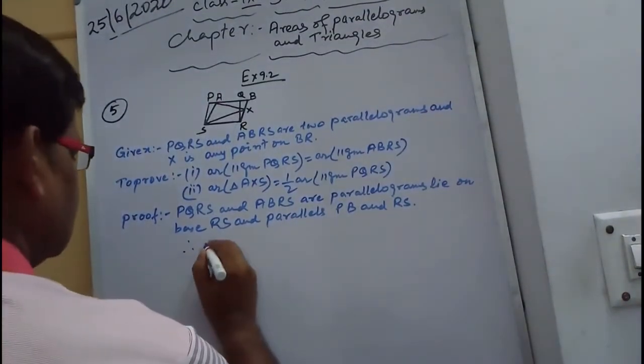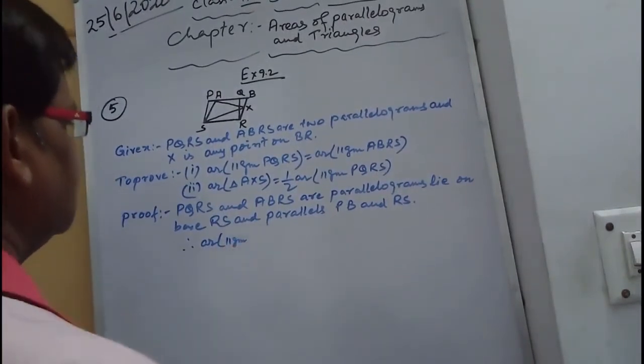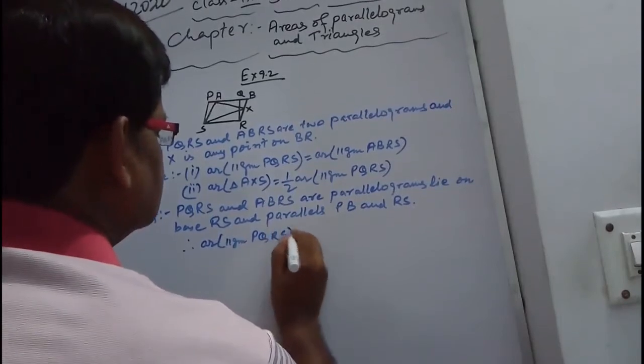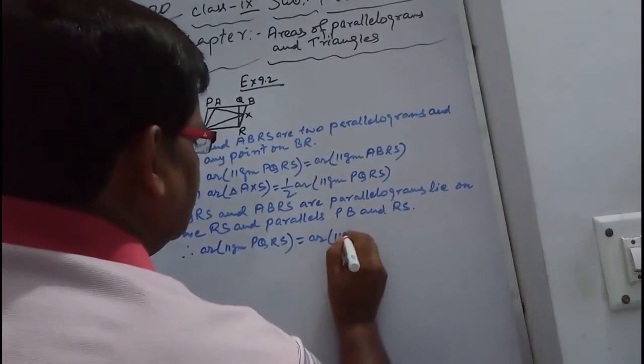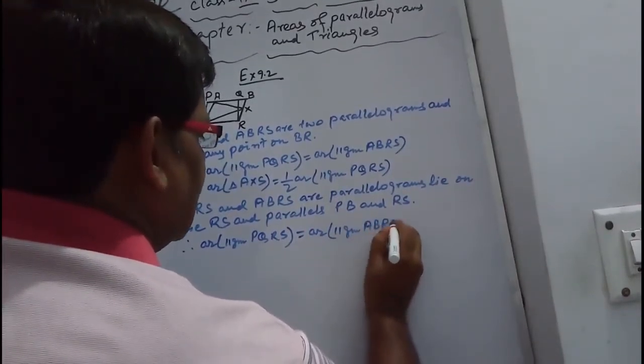Therefore, area of parallelogram PQRS is equal to area of parallelogram ABRS.